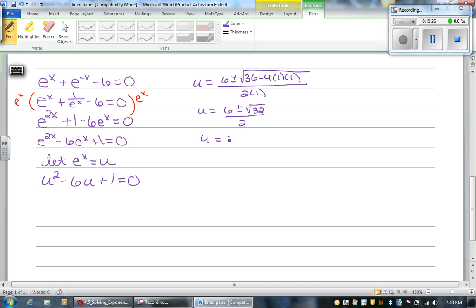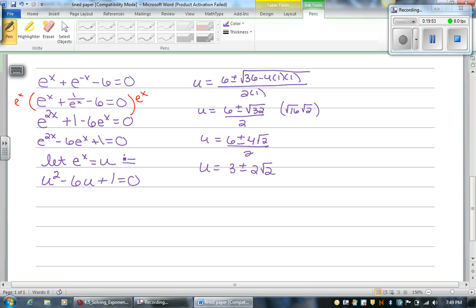I know that the square root of 32 reduces. 16 and 2, so 4 square roots of 2 over 2. Right, square root of 16, square root of 2, that's where I got that from. And this reduces just a little bit further to be 3 plus or minus 2 radical 2. Okay, so u equals 3 plus or minus 2 radical 2.